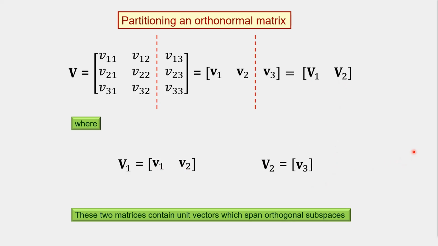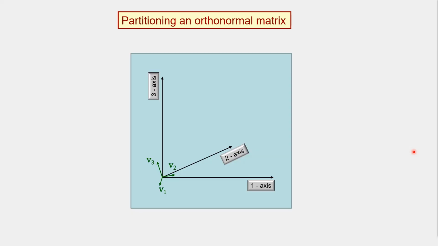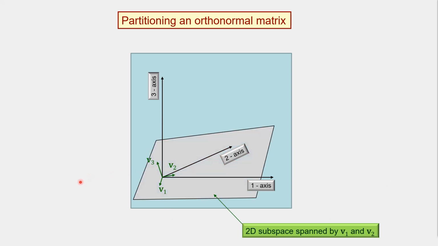Now, of course, when we're working with parameter estimation and solving inverse problems, our vector spaces are going to be much larger than 3, but describing this using 3 dimensions allows us to draw pictures. So here's the picture we had before with little v1, little v2, little v3, the columns of our orthonormal matrix.